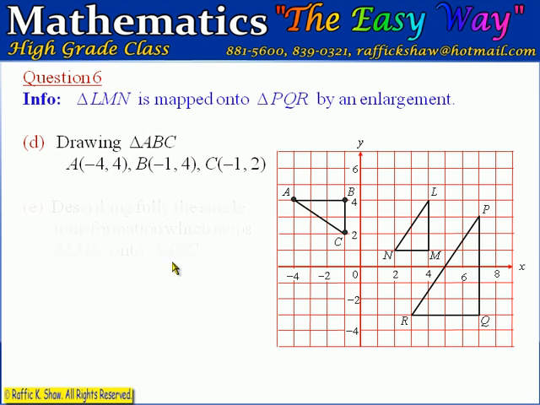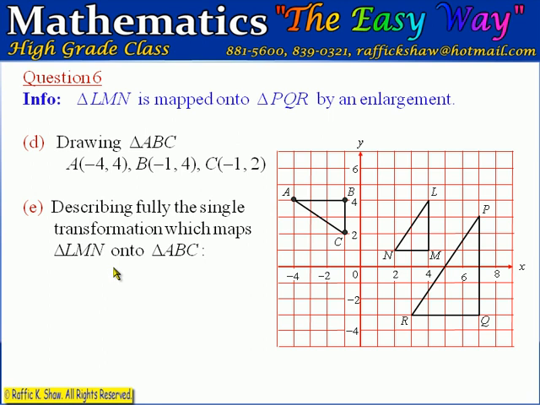And then part E is asking us to describe fully the single transformation which maps triangle LMN, that's this one, onto triangle ABC, that's this triangle, onto this triangle. Now we can actually observe that transformation.